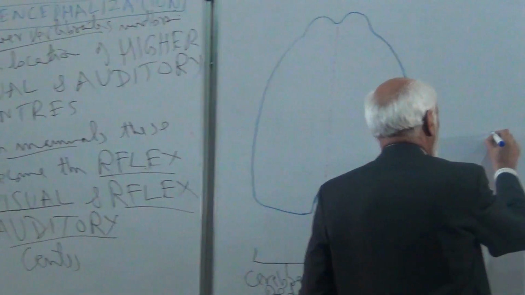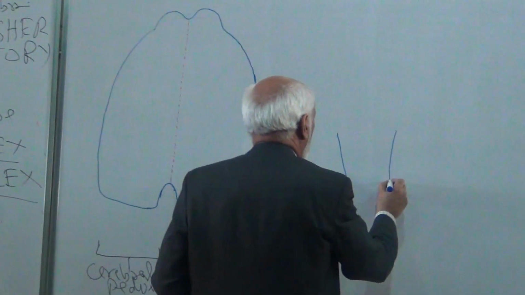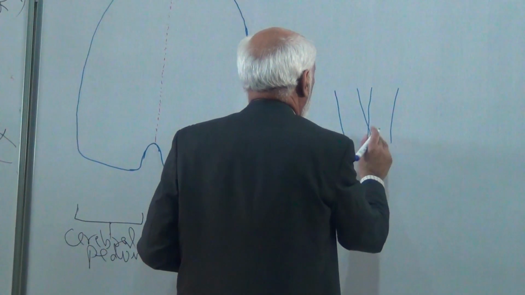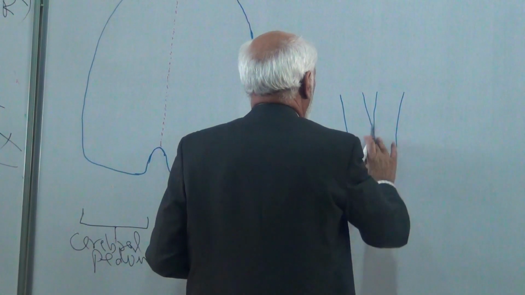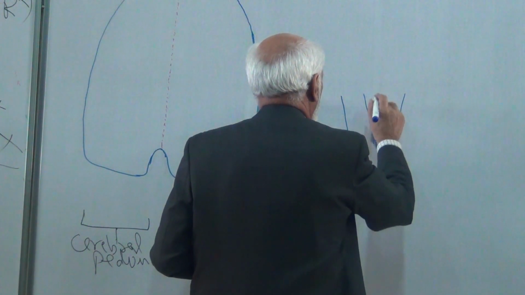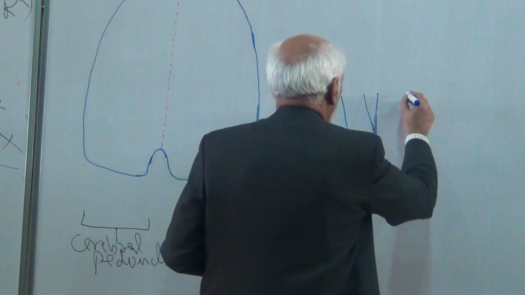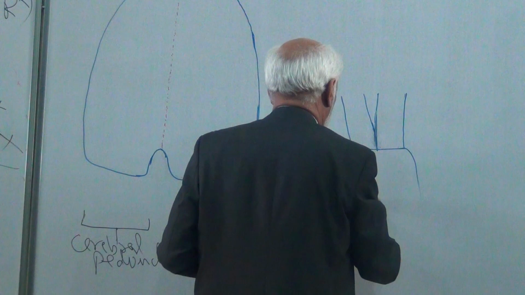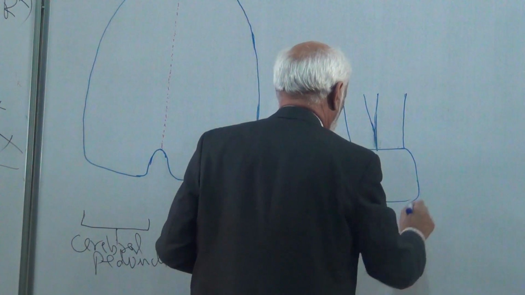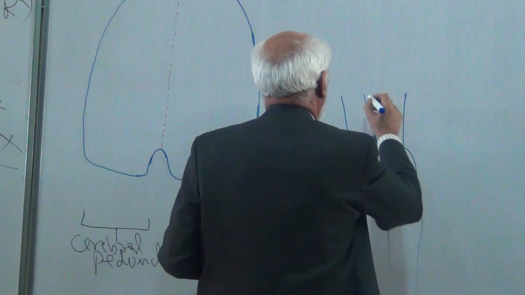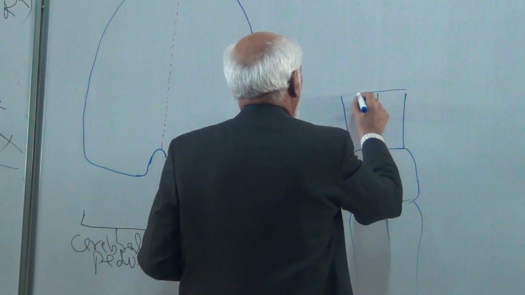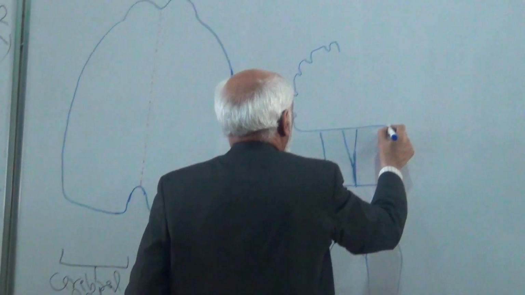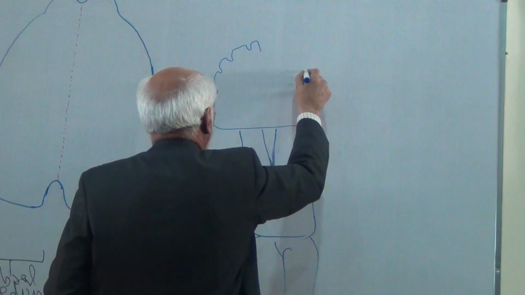Now suppose this is the front view of the midbrain, with the pons and medulla oblongata below. Here is the right cerebral hemisphere, and this is the left cerebral hemisphere.